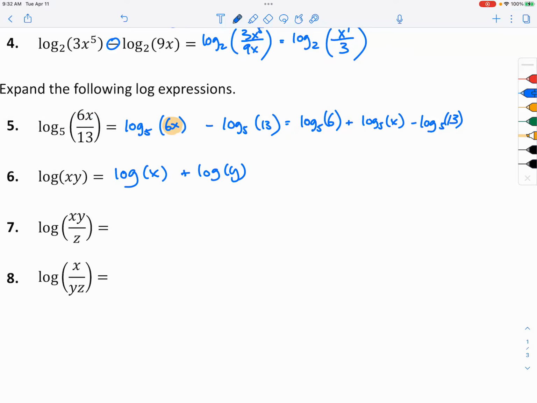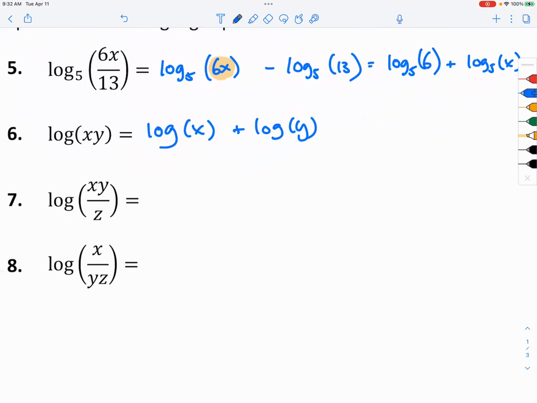All right, now number 7 and number 8, they are more challenging, a bit more challenging. So number 7, it's kind of similar to number 5. So you may just go ahead and handle the fraction first.